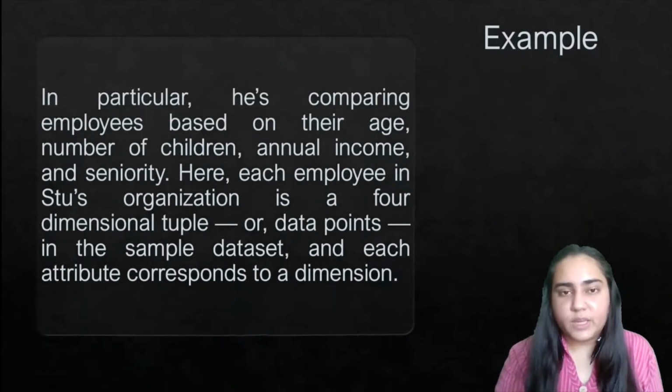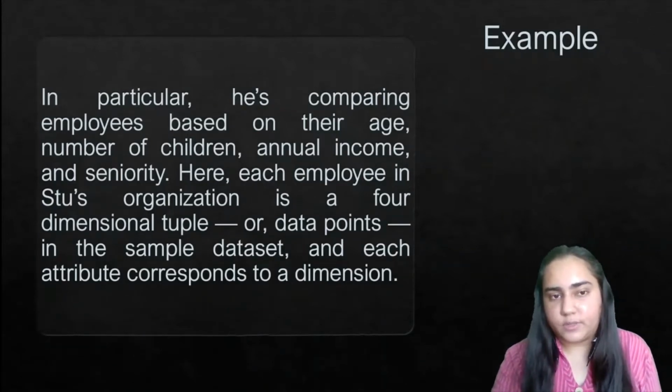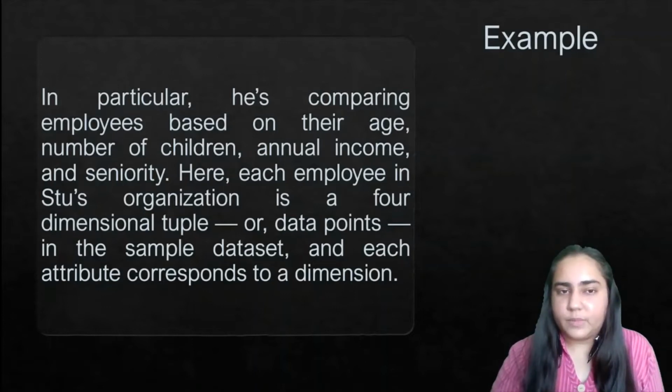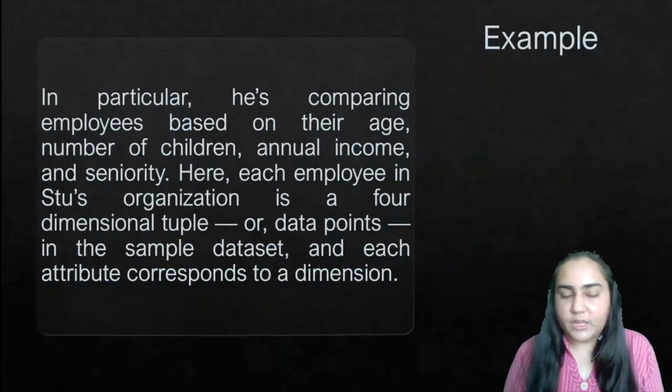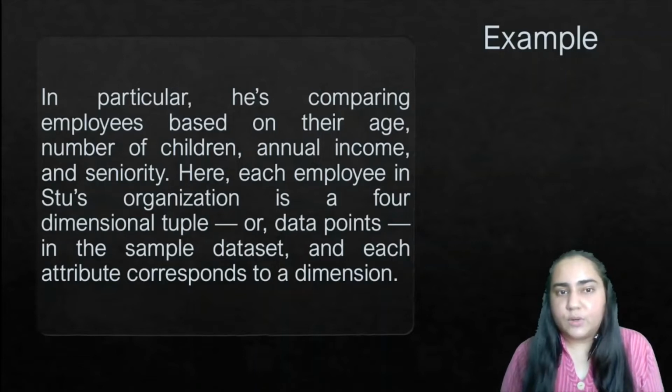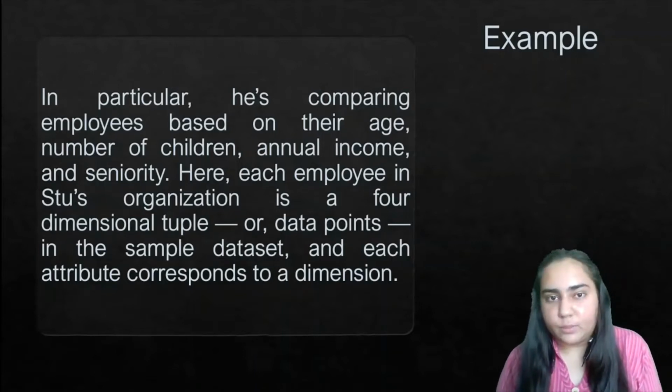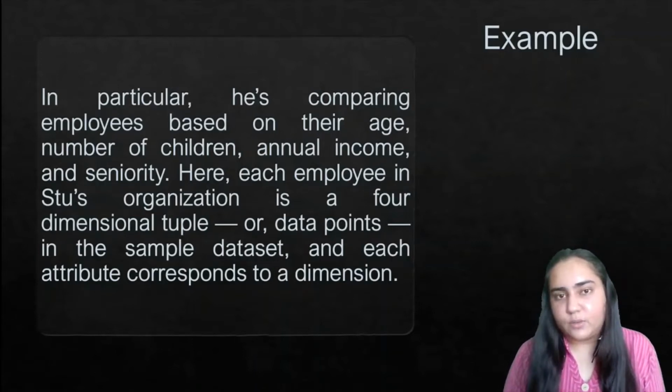In particular, he's comparing employees based on their age, number of children, annual income, and seniority. Consider that all these 4 attributes are quantitative. Age is a number, number of children is a number, annual income would be a number, and seniority would also be a number.